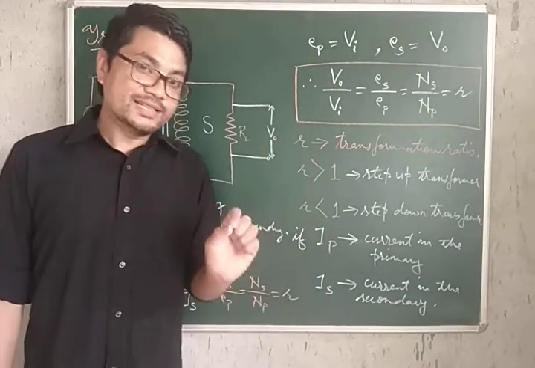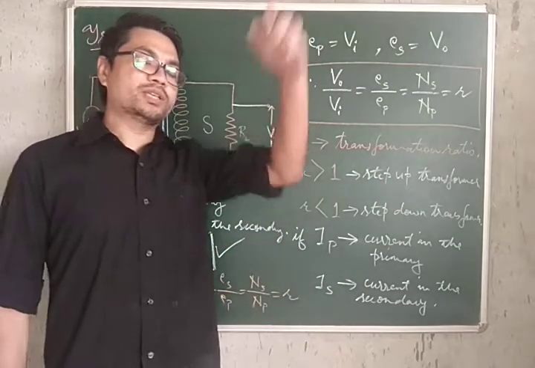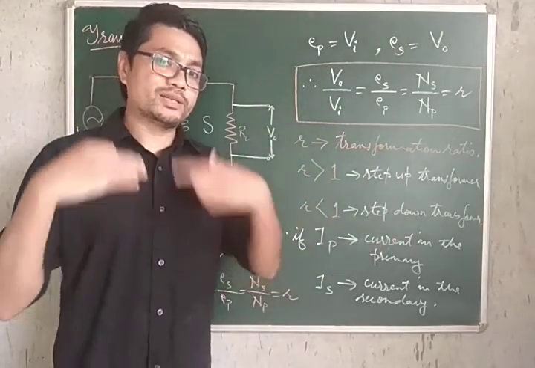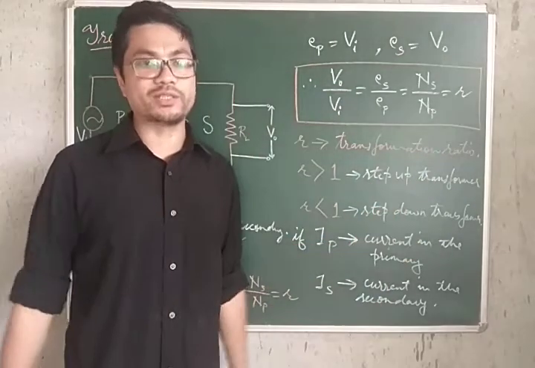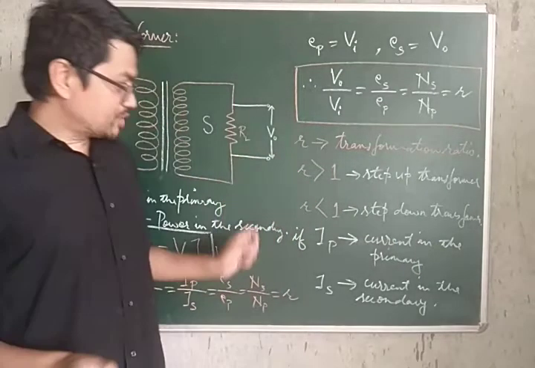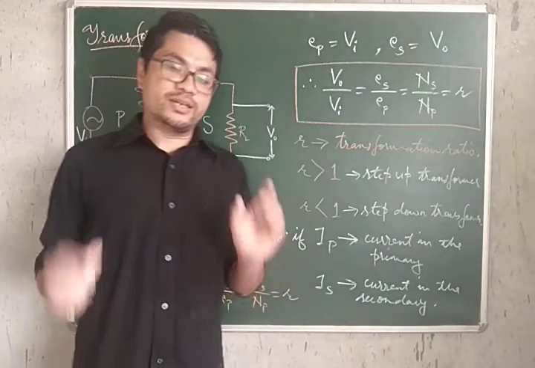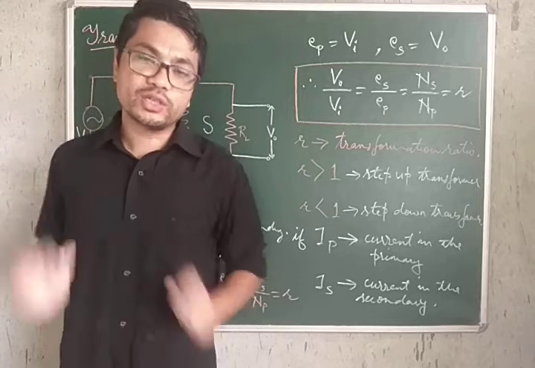Now, get this thing very, very clear. Although the output voltage in a step-up transformer is increasing, or so to say, the output energy is increasing, a transformer does not violate your conservation of energy, remember that.